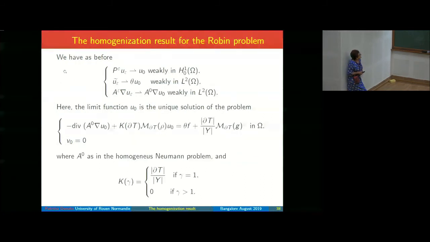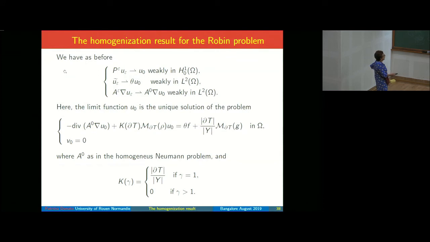So, what is the homogenization result? The homogenization result states that we have the same convergence as before, and here, what happens? The limit problem is still in omega, and we have two new terms. One is this constant, suppose that gamma is equal to 1.